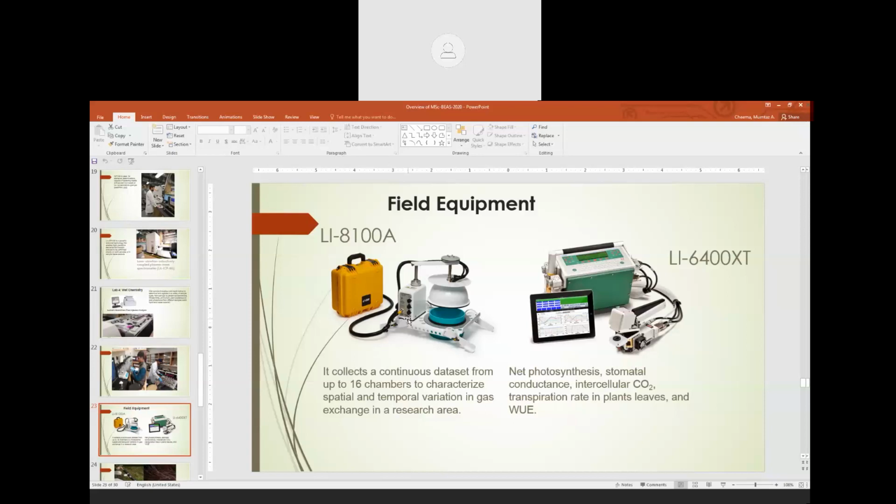They have sent us the software, but I'm struggling to identify one laptop computer. So I think in the next couple of days that will be done. Then we will try. That is not the whole machine. We will just test these chambers, but that can be connected with the multiplexer and the gas analyzer. Once I have that, I will certainly share with all of you.